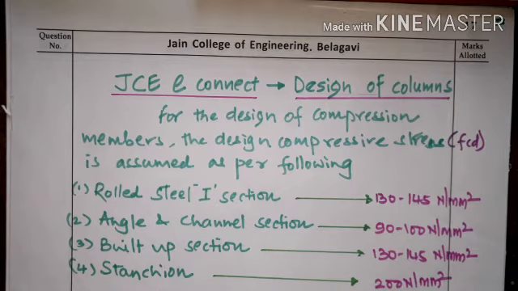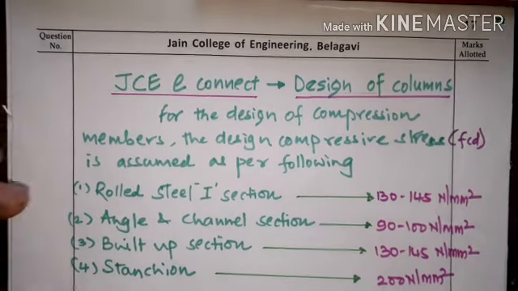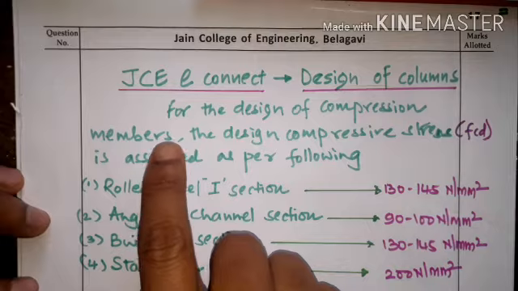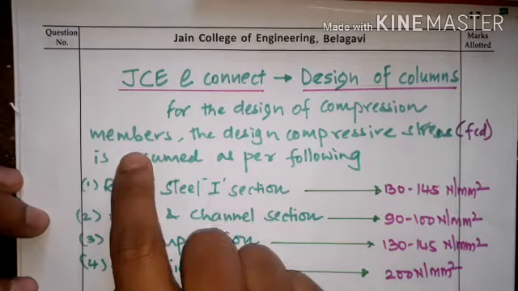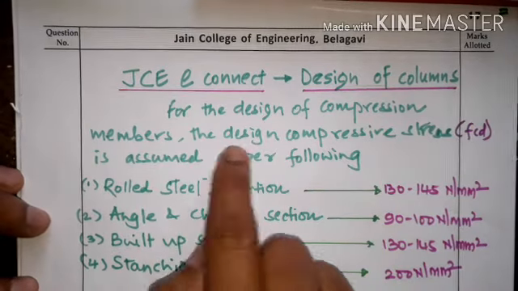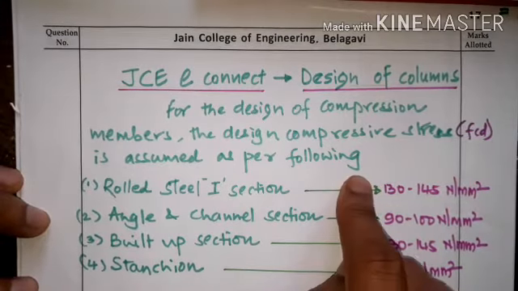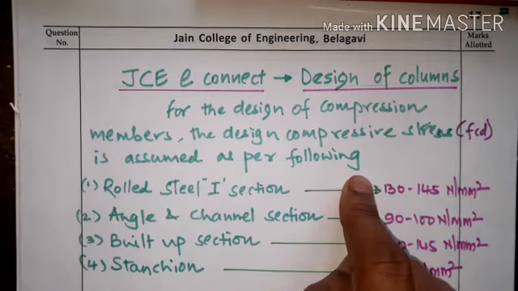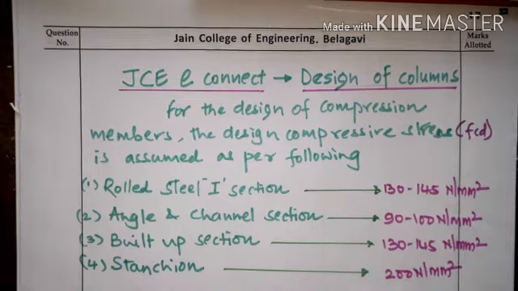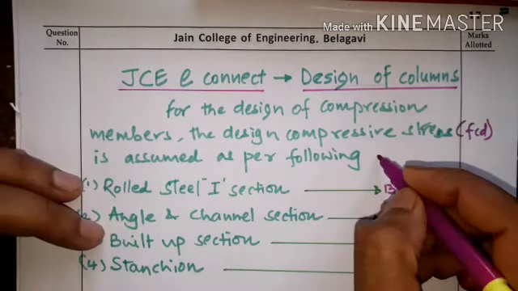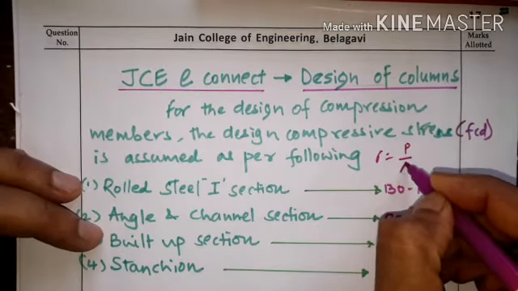For that there are thumb rules on how to assume a section or select a section from the steel table for a given load. For the design of compression members, the design compressive stress FCD is assumed as per the following. You have to assume some value of stress, because ultimately stress is equal to load divided by area.